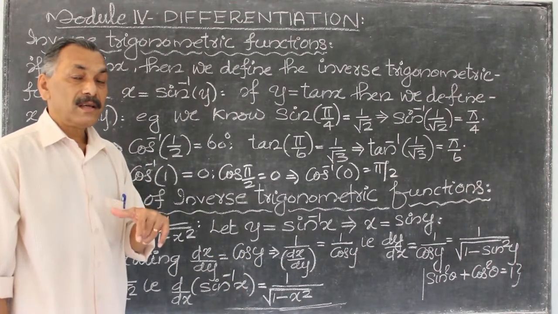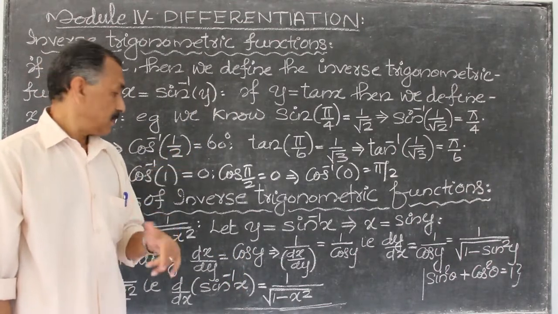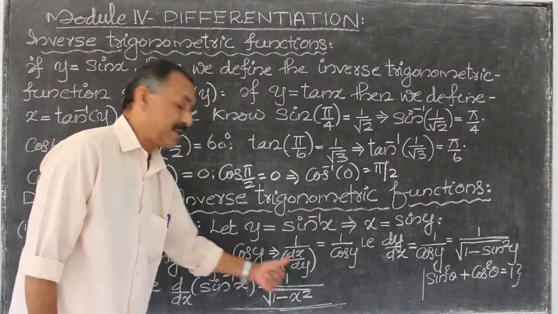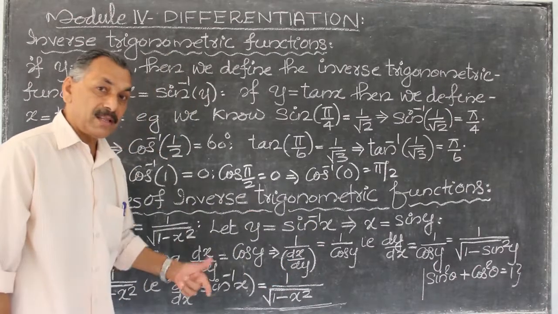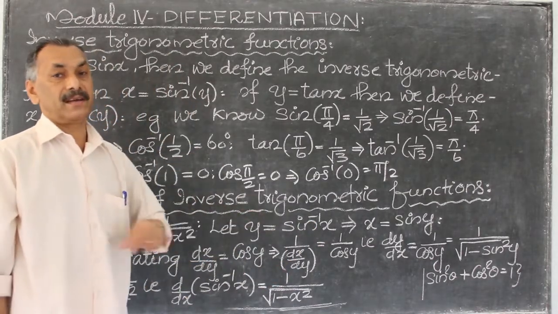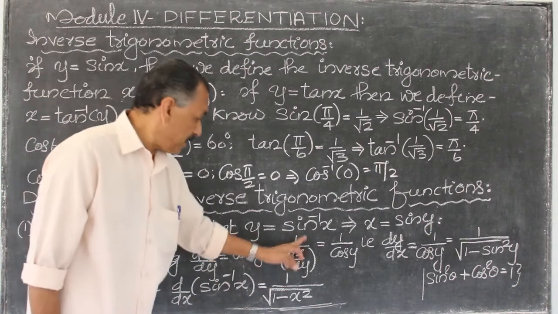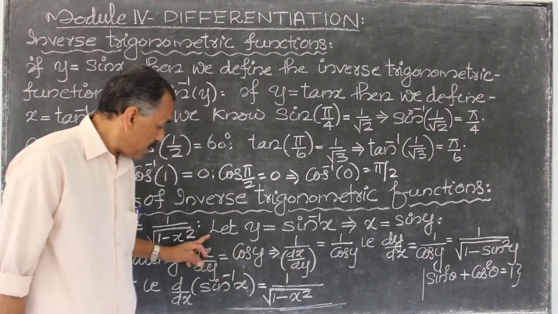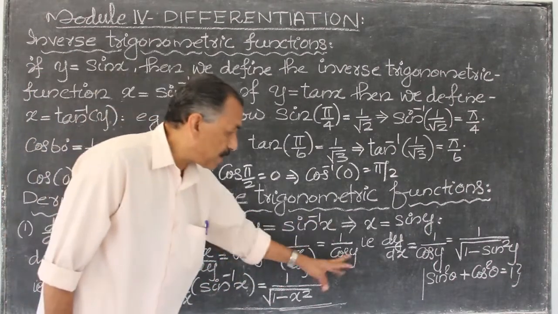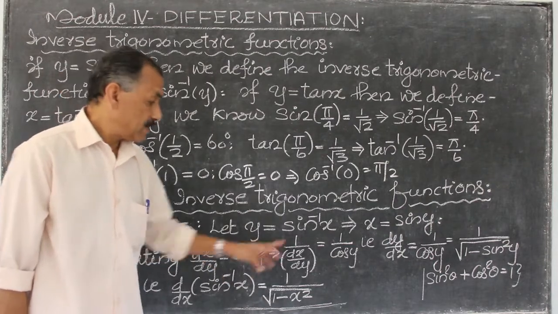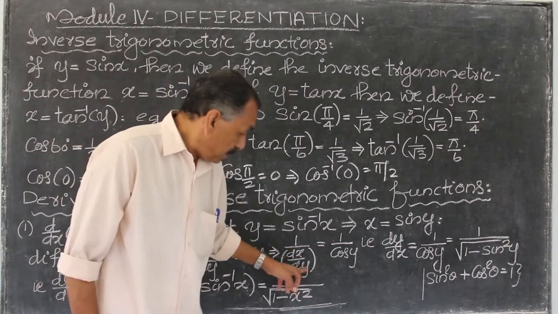What do we need? The derivative of sin inverse x, that is y is equal to sin inverse x, dy by dx. So dy by dx is 1 divided by dx by dy, which is 1 divided by cos y. We take the reciprocal.